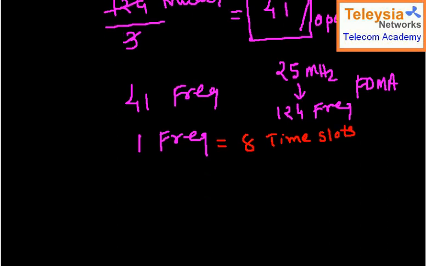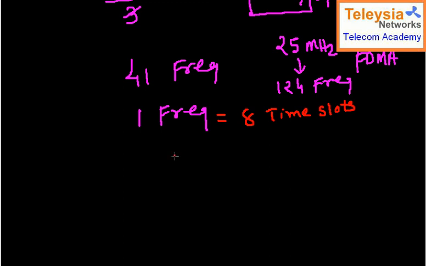So how to explain this? Let me tell you one example from real life. If you have one chair and you allow around 8 people to sit on it, how is that possible? We have one chair and we can allow 8 people to sit in the one chair.